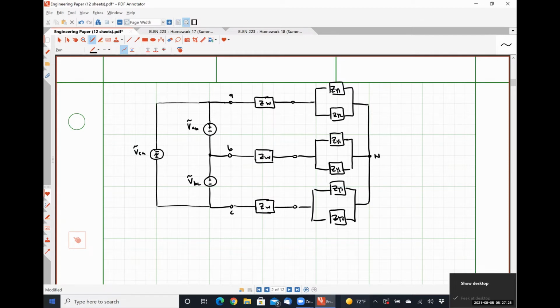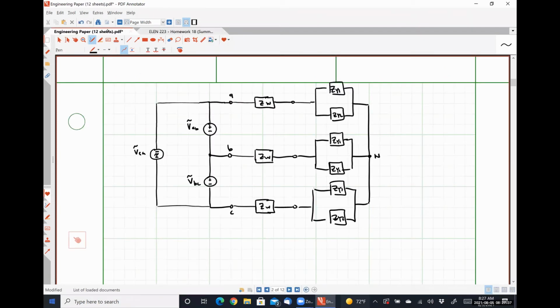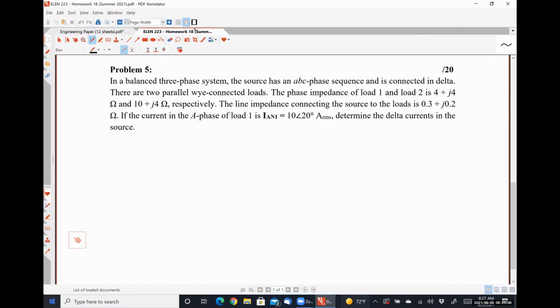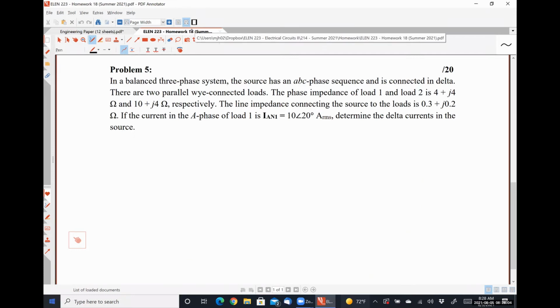So let's see, what were the parameters of our system? We are told that ZY1 is 4 plus j4. ZY2 is 10 plus j4. ZW is 0.3 plus j0.2.